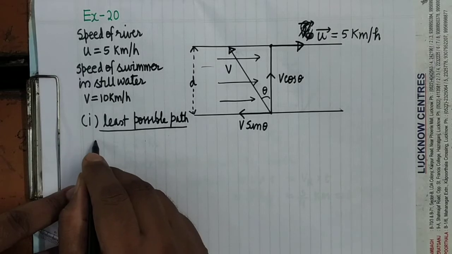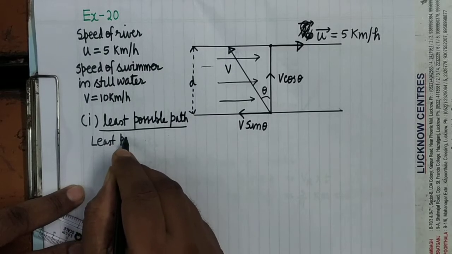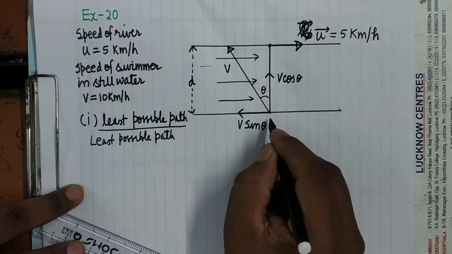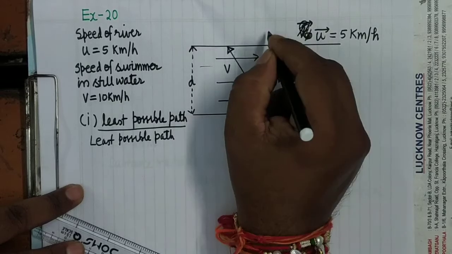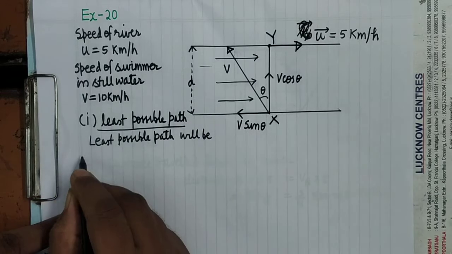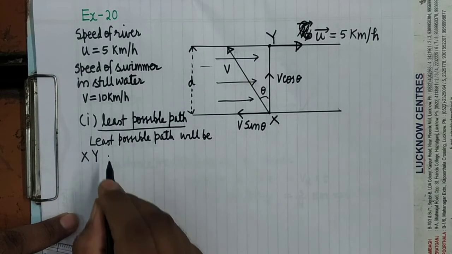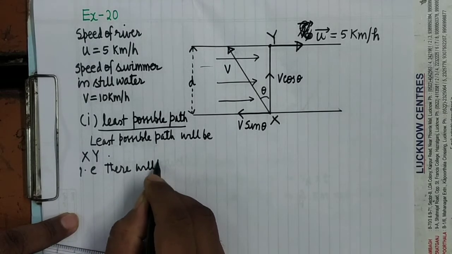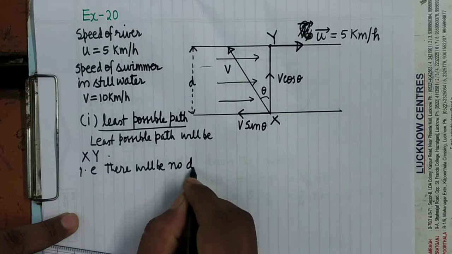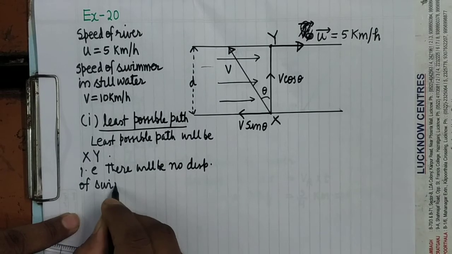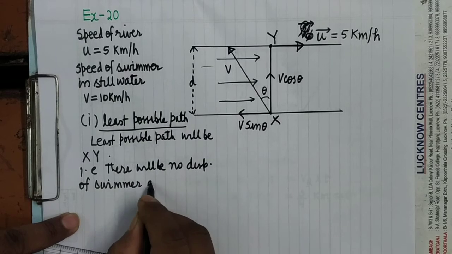See here, for the least possible path, I am writing here, the least possible path will be xy, that is, there will be no displacement of the swimmer along the river current.